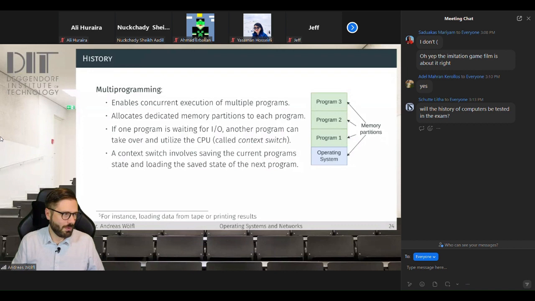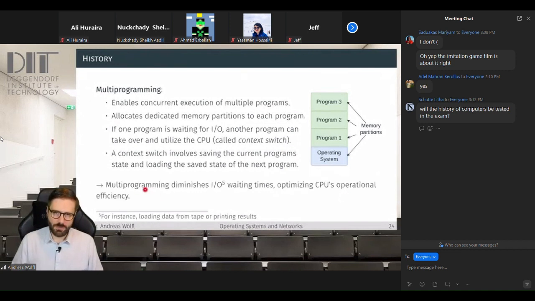It requires a little bit of time to store and load the values, but it's still way more efficient, largely more efficient, than just waiting or being stuck in I/O waiting time. So multiprogramming, introduced in the 3rd generation, diminishes I/O waiting times and optimizes the CPU's operational efficiency.